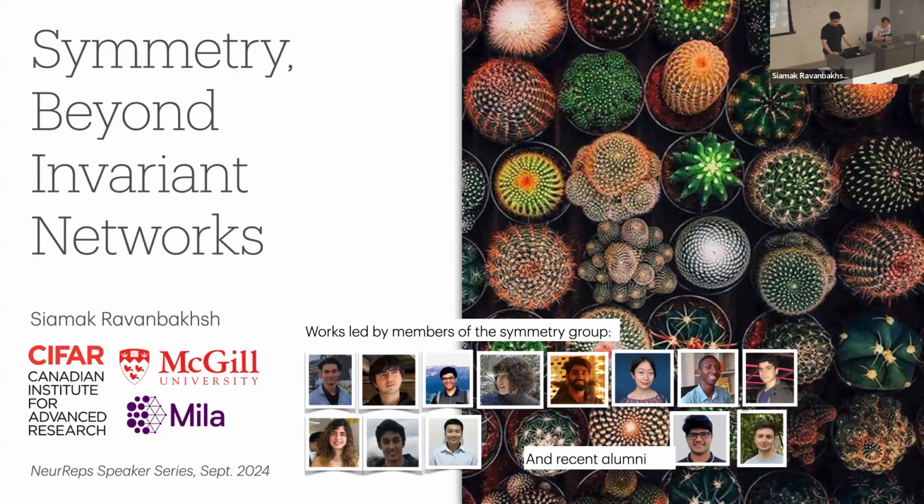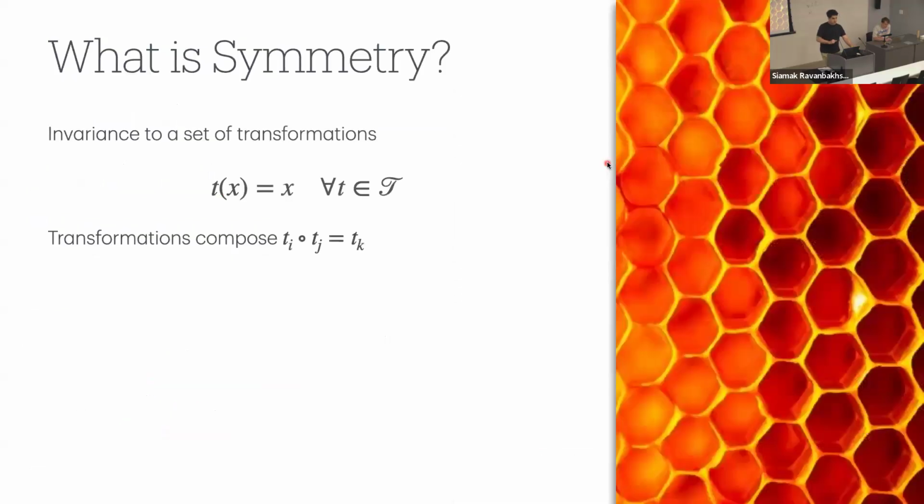So, let's see. All right. So to begin with, probably many of the audience of this series is familiar with symmetries, but I'm going to start from the beginning. The way we define symmetries is by defining a set of transformations that keep an object invariant.